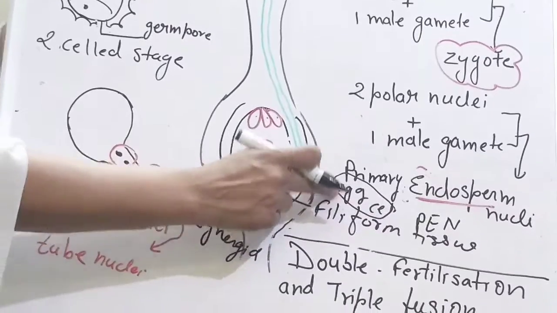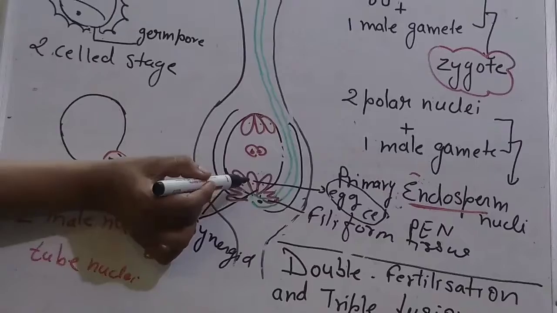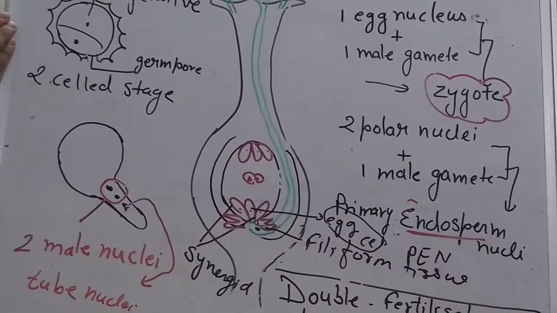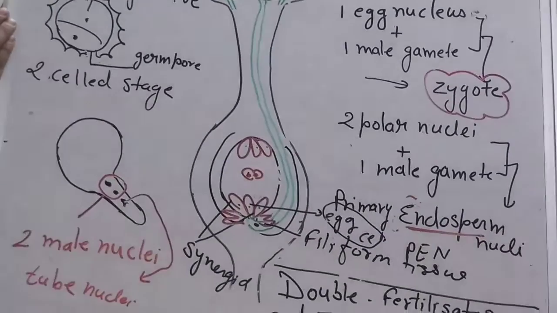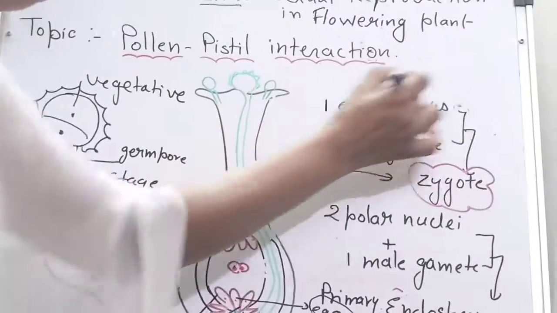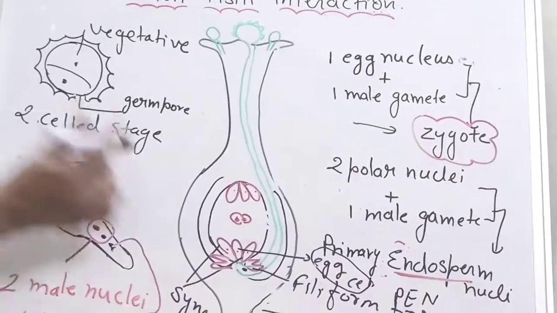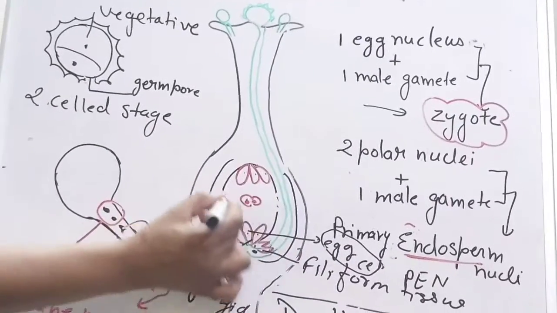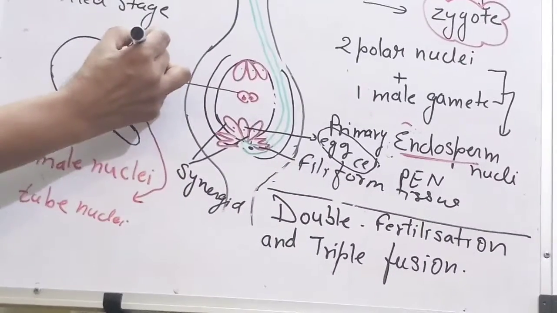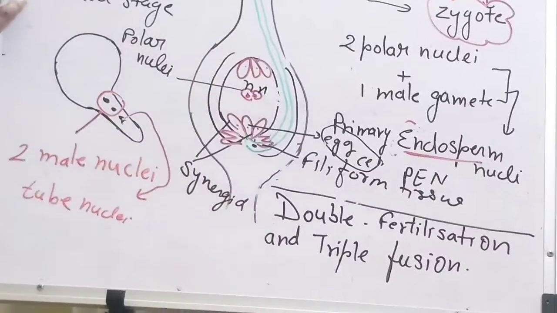When this egg cell fuses with one male gamete, they form the zygote, the fertilized egg. This is a fusion, this is the fertilization process. Got it? Now, in the central cell there are two polar nuclei, and these two polar nuclei are haploid.